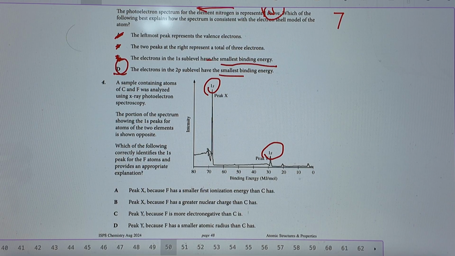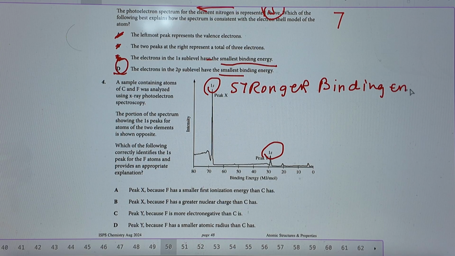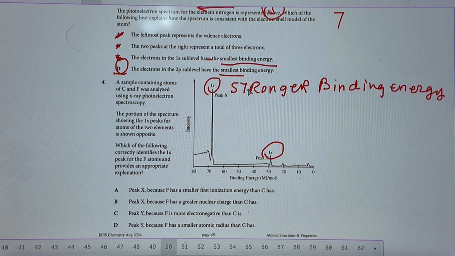So, well, first of all, we know this one is much higher. This one has a stronger binding energy. Okay, and so stronger binding energy means that there's a higher nuclear charge.